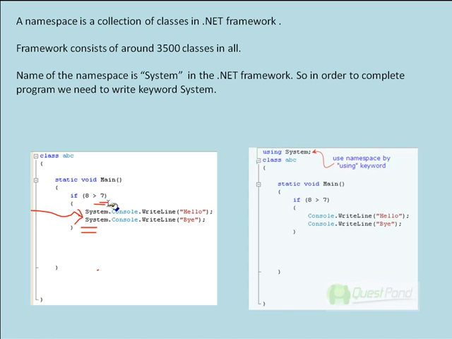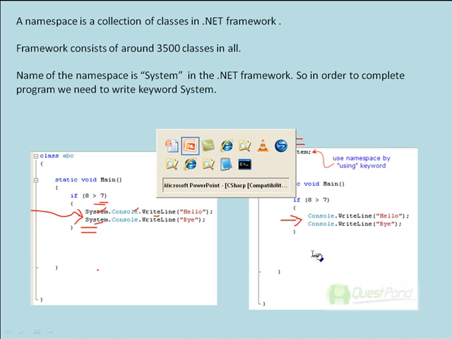So here is the code. We will just include a directive called using, followed by the name of the namespace, which is System, and remove the System keyword which we used to write here twice, then save the program and run it.